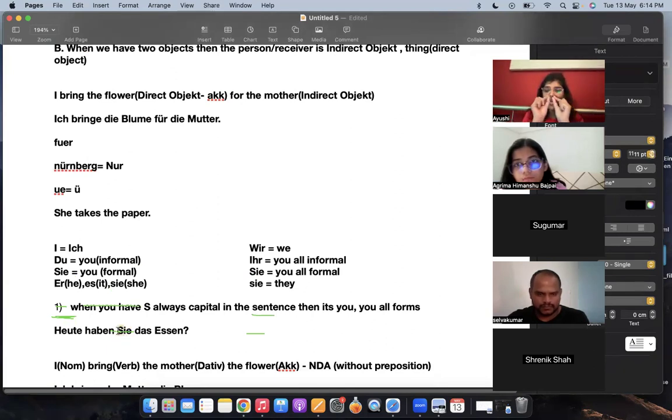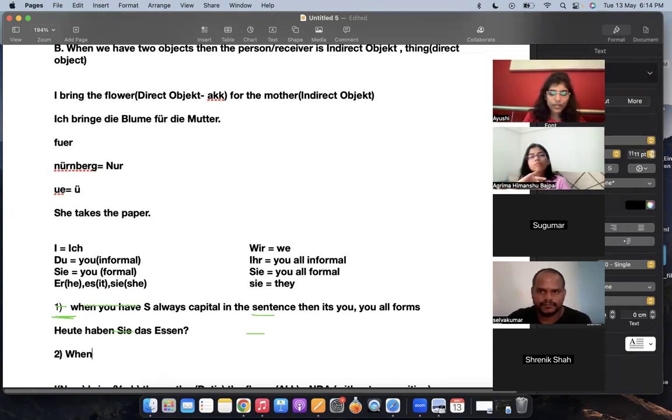So when S is always capital in the sentence, no matter whether it is present at first place, second place, third place, anywhere, that means that Z is either you or you all. It can be both. You can translate it as, today do you have the food, or today do you all have the food? Both of them are correct.